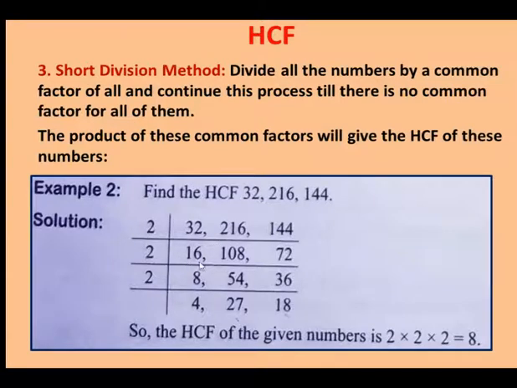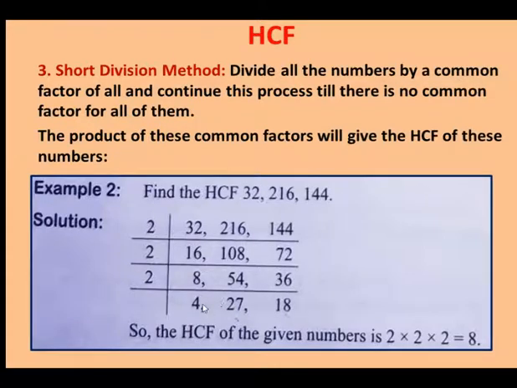We have divided by 2 and got the quotients 16, 108 and 72. Again we divide by 2 because all three are divisible by 2, and get 8, 54 and 36. Again these three numbers are divisible by 2, so dividing by 2 we get 4, 27 and 18. Now 4 and 18 are divisible by 2 but 27 is not. 27 and 18 are divisible by 3, but 4 is not.